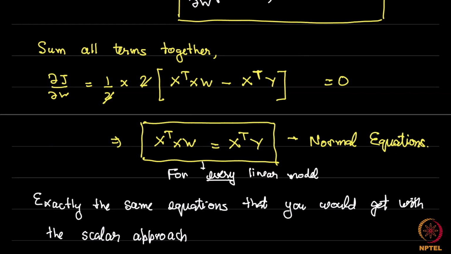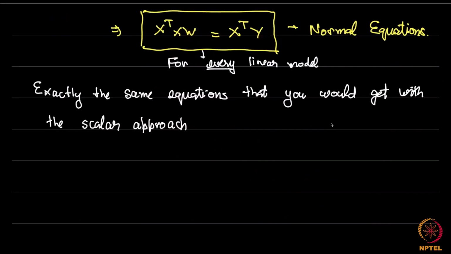A few other things about this model I would like to say here. The first is this: let's take the case of the simple linear model which we did. The linear model that we had was y hat at any point is w0 plus w1 times x at that point.